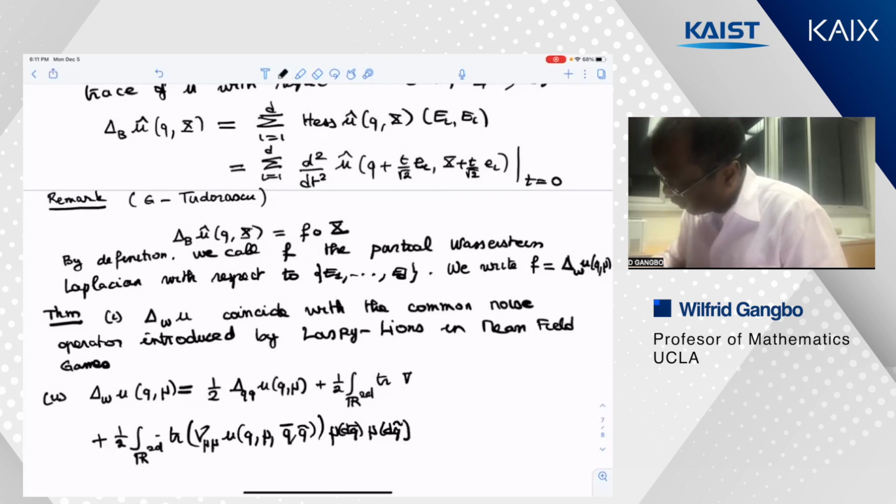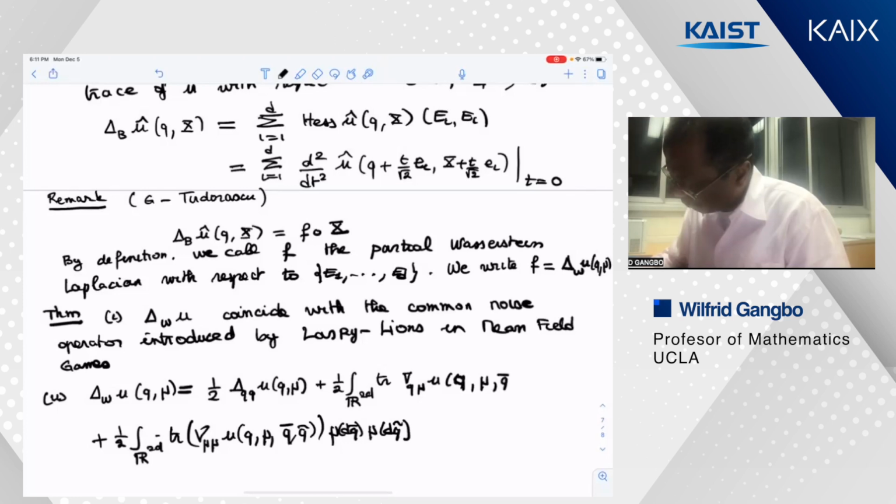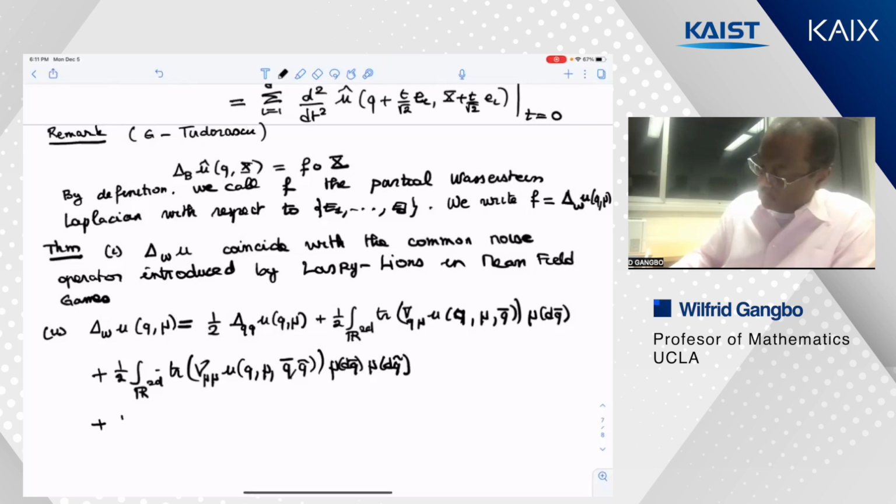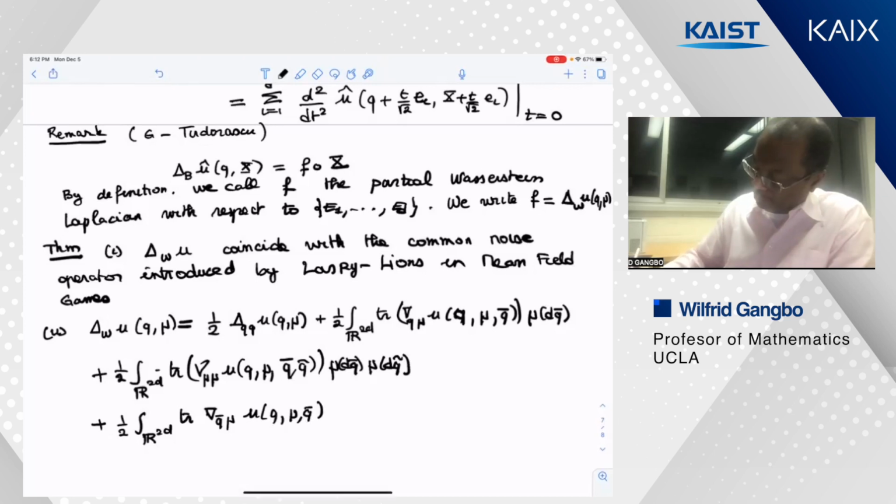So this will be the gradient with respect to q, with respect to mu, of U of (q, mu, q bar), mu(dq bar), plus eventually 1/2 the integral over Rd, the trace, the gradient with respect to q bar mu, U of (q, mu, q bar), mu(dq bar) mu(dq tilde).